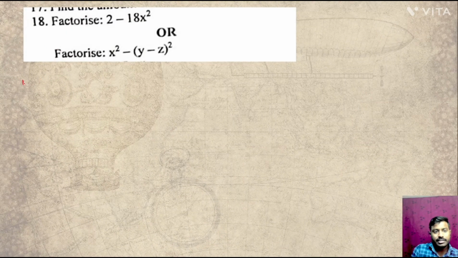Factorize. Question number 18: 2 minus 18x square. First take the common factor 2, that is 2 into (1 minus 9x square).